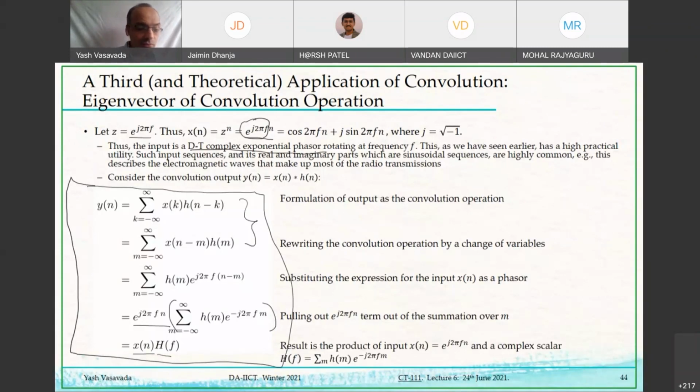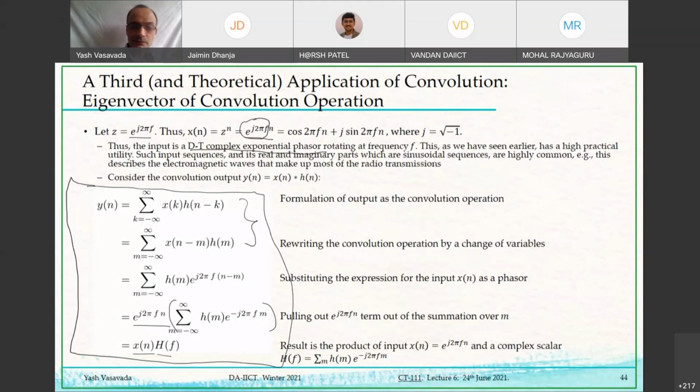Now, can anybody tell me what this h of f is? H of f is this summation. Does it ring any bell? We have done this summation earlier. Any thought?